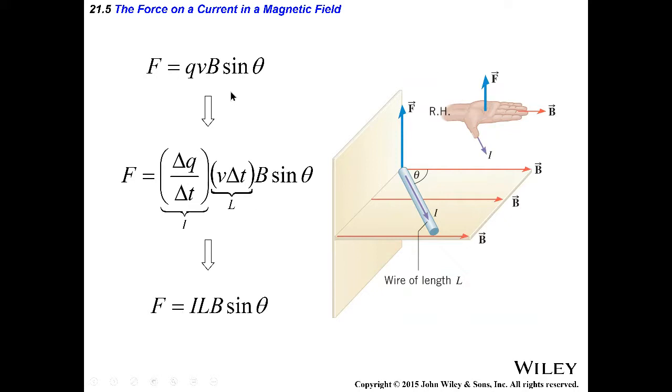So that's L. And so I can re-express this force law in terms of an application. You have a wire that carries a current I, and it is of length L. Then if this is the strength of the magnetic field, the force on this wire is ILB sine theta. They all came from here. The fundamental thing is that the force law is very subtle.